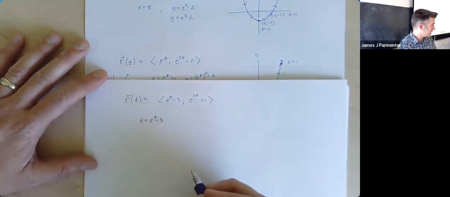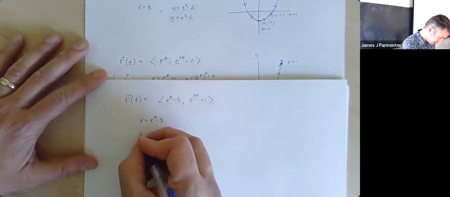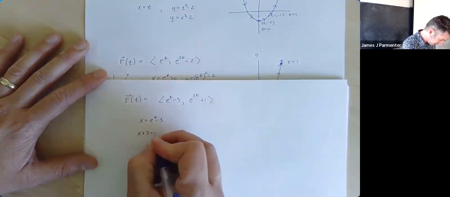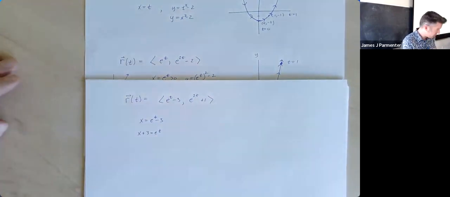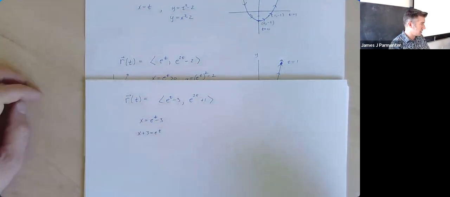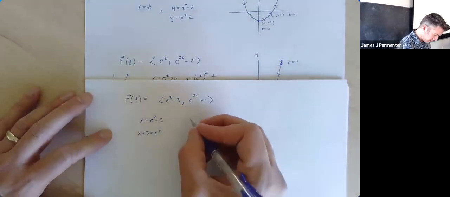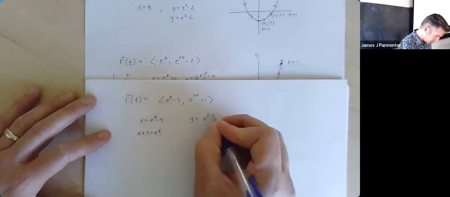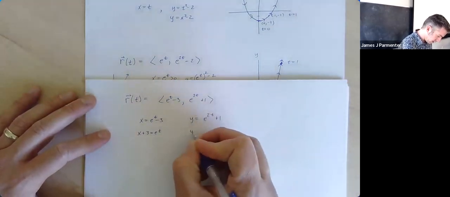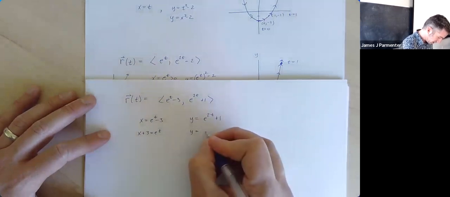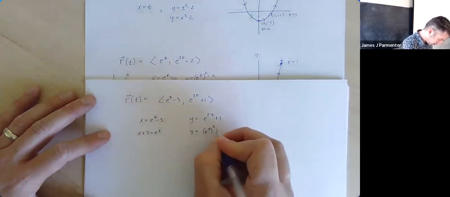So now x equals e to the t minus 3. I'm going to still solve for e to the t to make it a little bit easier. So x plus 3 equals e to the t. I don't find any value in this particular example in solving for t. I don't need to write down that t is equal to the natural log of x plus 3. Because I can say right over here, y is equal to e to the 2t plus 1, or more usefully, y equals e to the t squared plus 1.